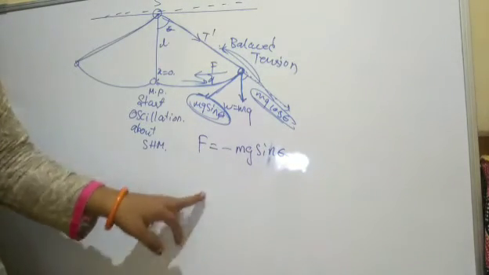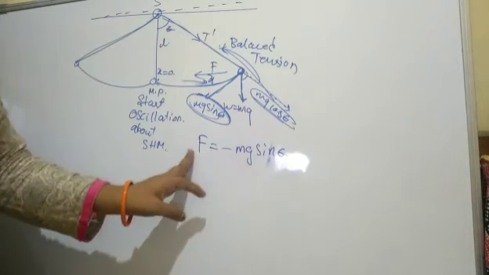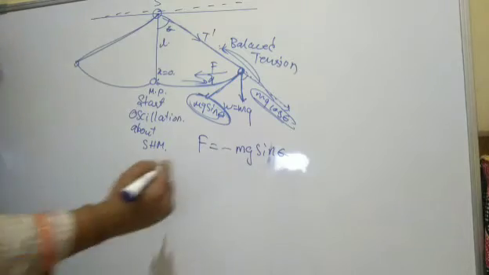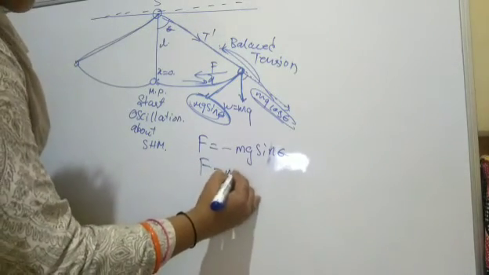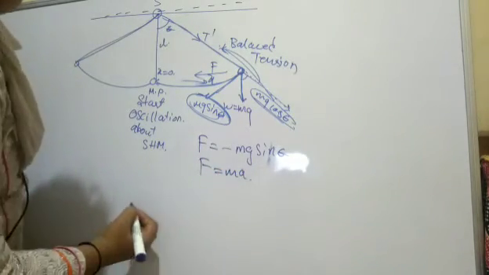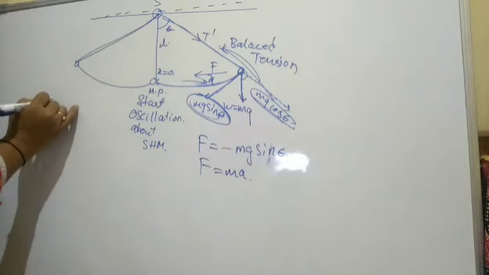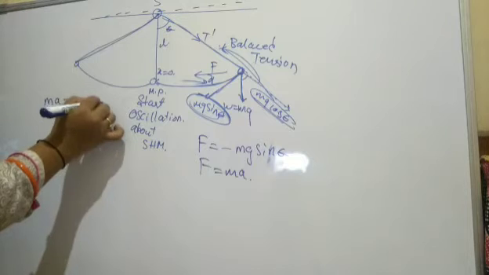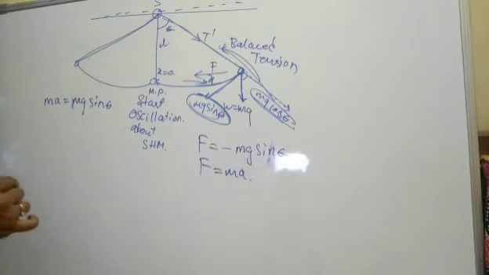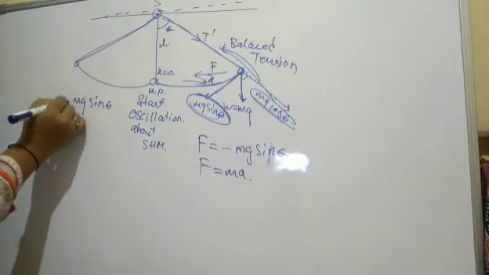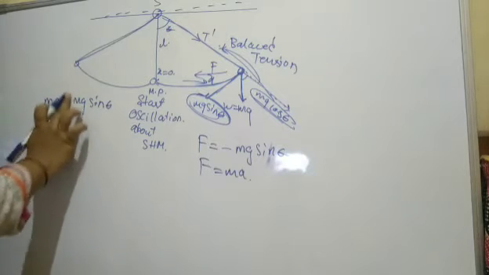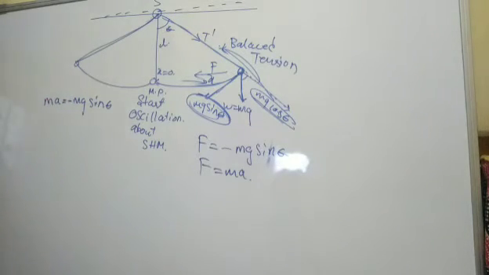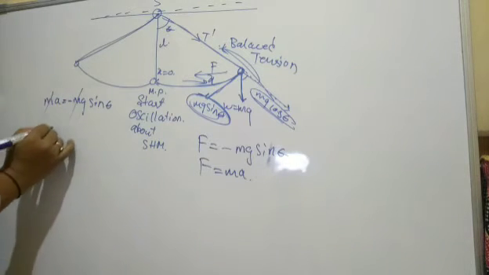You might have understood that the negative sign indicates the force and the displacement are opposite in direction. But we have force is equal to m into a by Newton's law. Compare here, ma is equal to minus mg sin theta, because force and displacement are opposite in direction. m and m get cancelled.